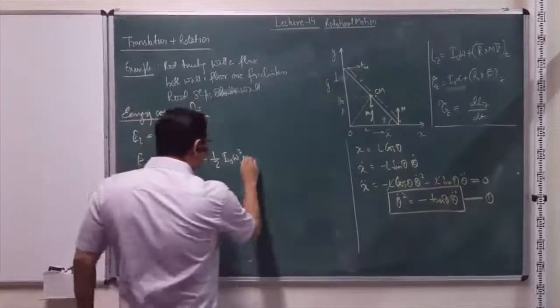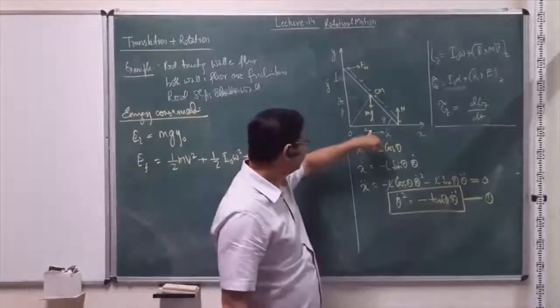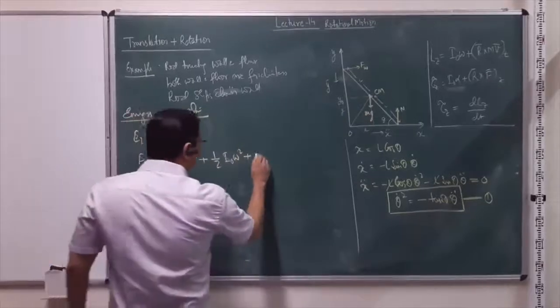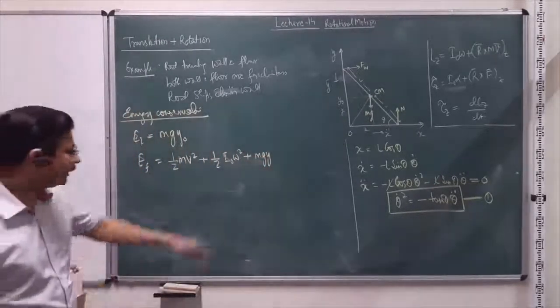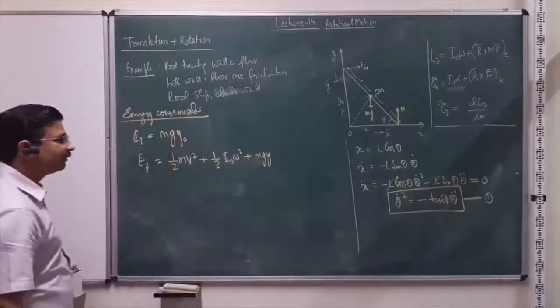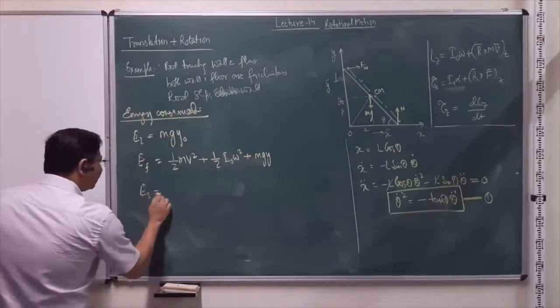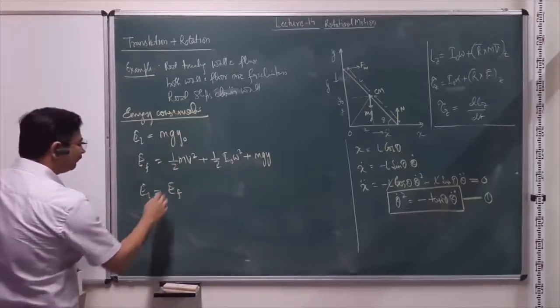Plus, now the center of mass is not going to fall to the ground, right? It loses contact somewhere in between. So whatever height that is, there is potential energy contained there, let's say mgy. So let's say at a height y, it loses contact with the wall. Then this is my final energy, and I know that EI is equal to EF. So now I can start solving for it.